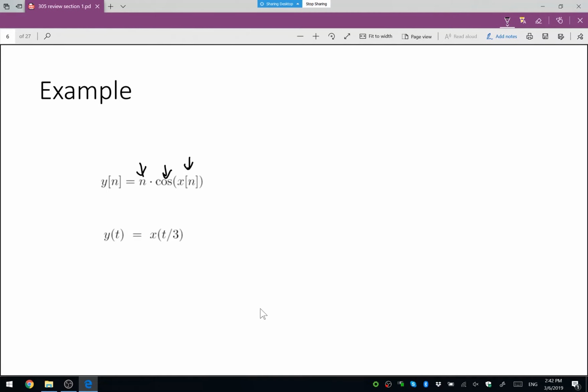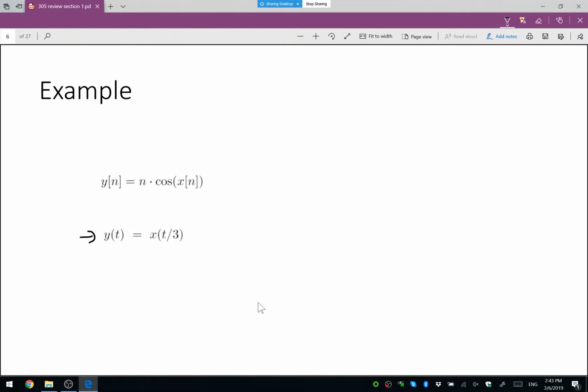So the first example is memoryless and causal. For the second one, let's try to find a counterexample. Can anyone find a counterexample saying this is not memoryless?